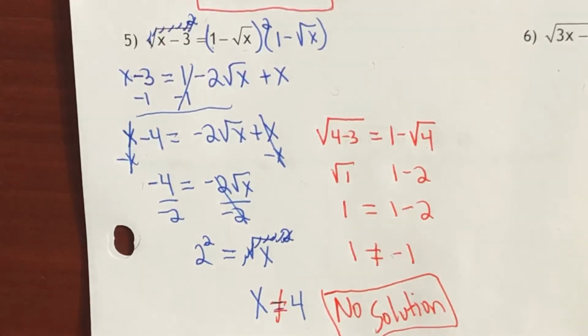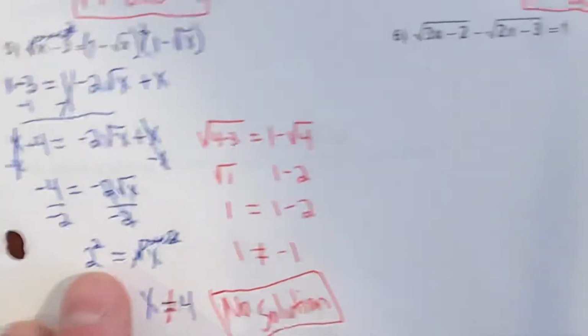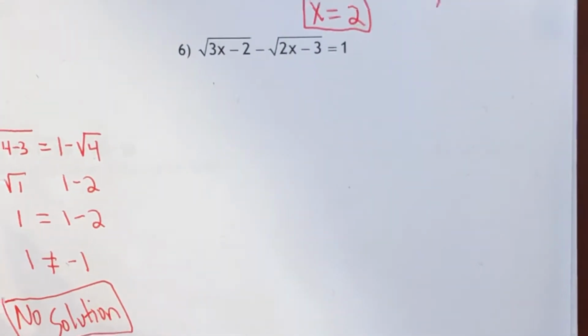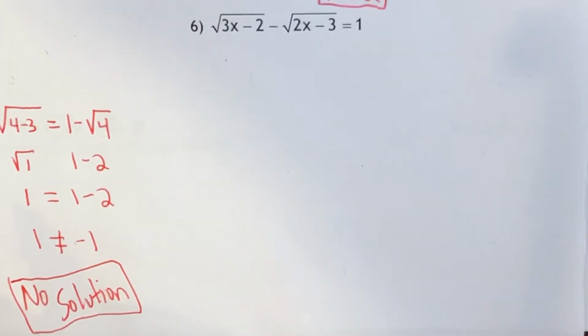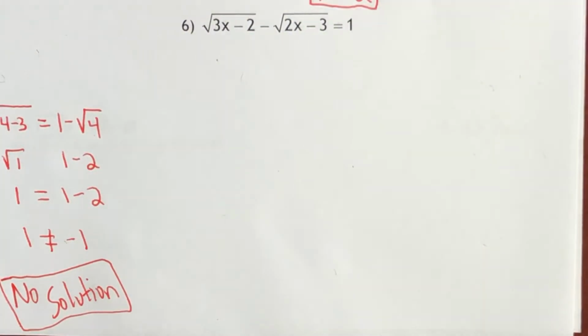And the sixth one. Square root of 3x minus 2 minus a square root of 2x minus 3 equals 1.